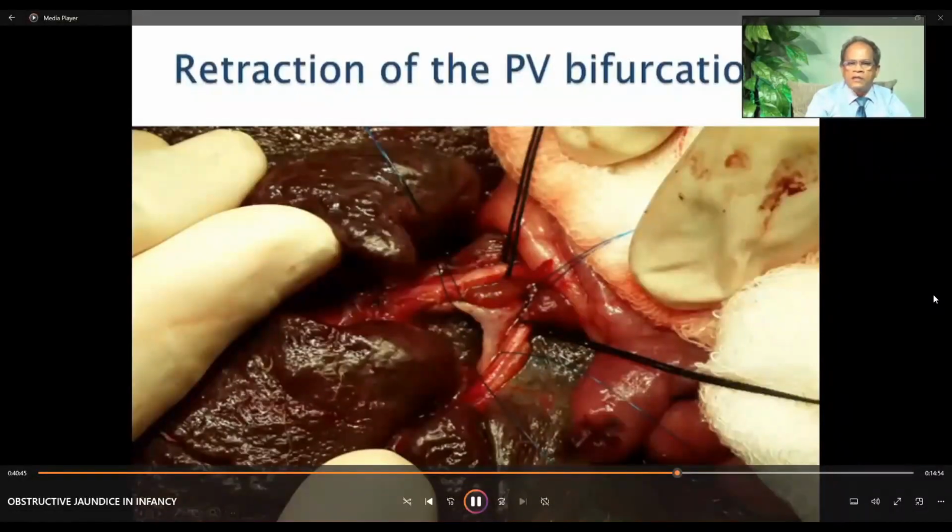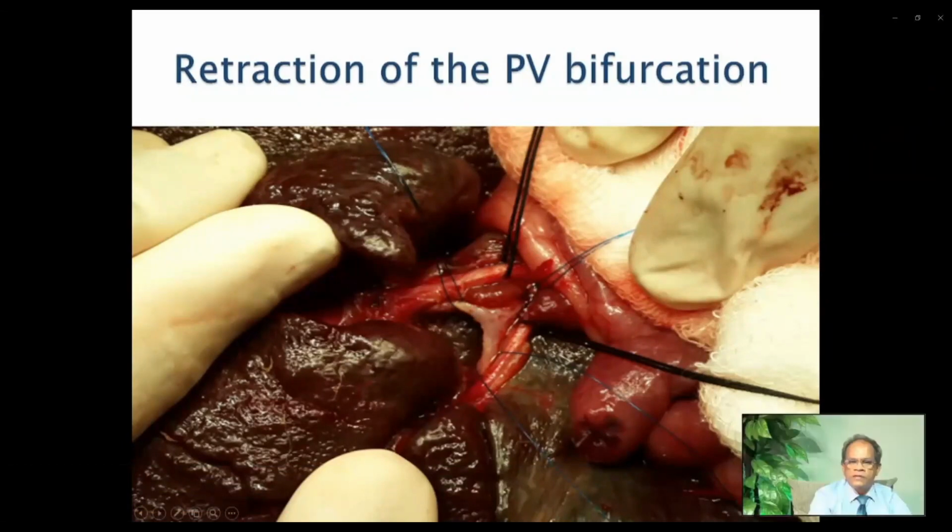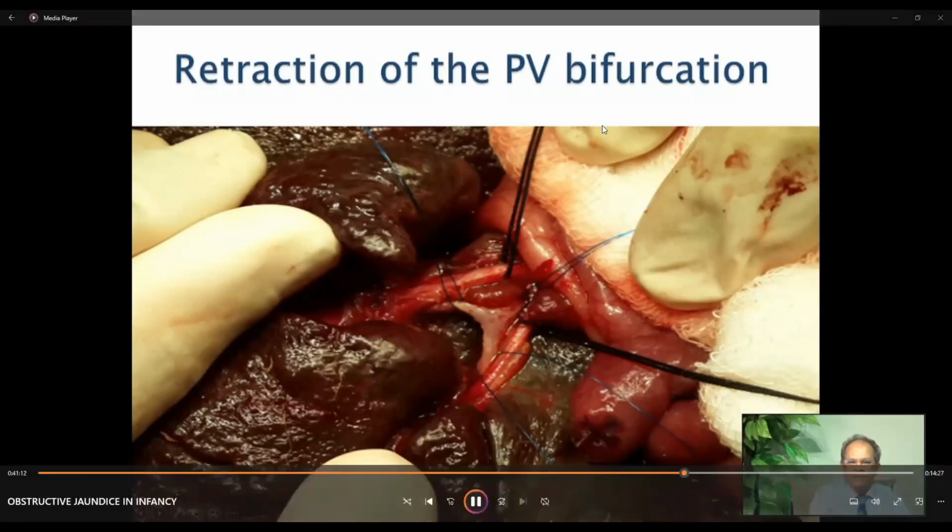Now we have mobilized the portal vein. So this is the portal vein coming from under the duodenum, and now the left branch of the portal vein. So this is like a T junction. The left branch of the portal vein, and this is the right branch of the portal vein, and this is the left hepatic artery, and this is the right hepatic artery.